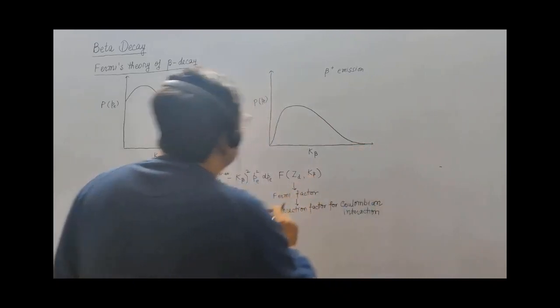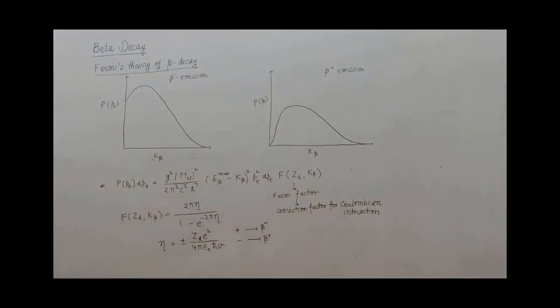And both these shapes were matching more or less with experimental results. So on the basis of these plots, basically they found out the exact continuous shape of the beta plus and beta minus emission energy spectrum.